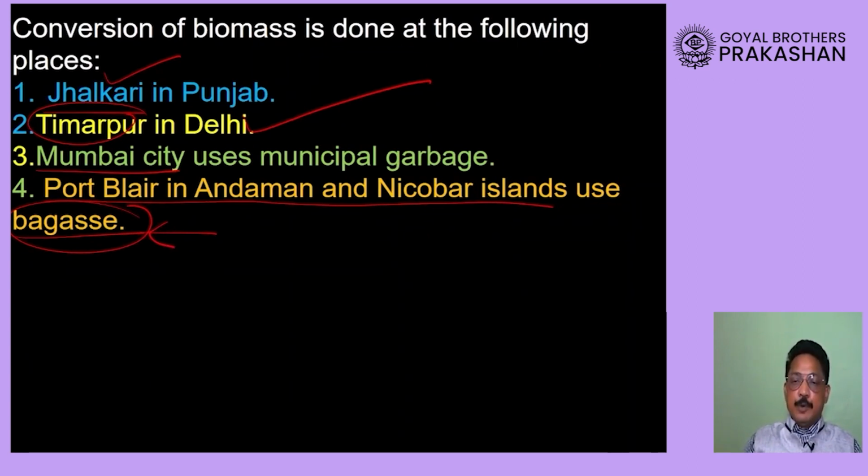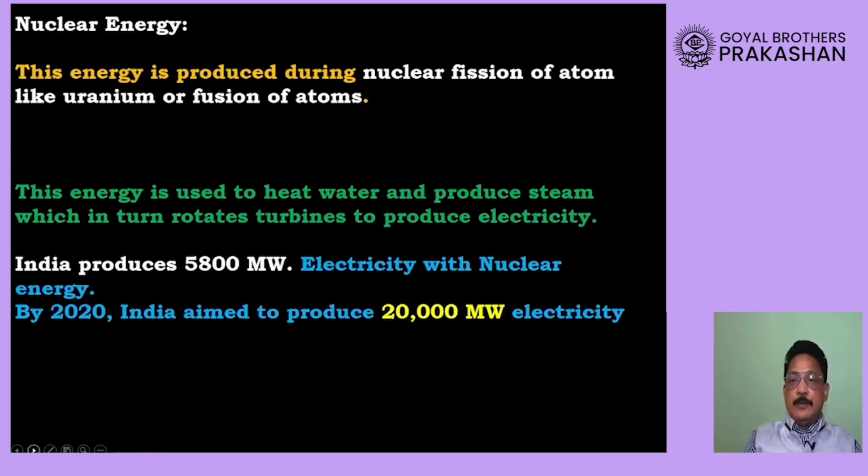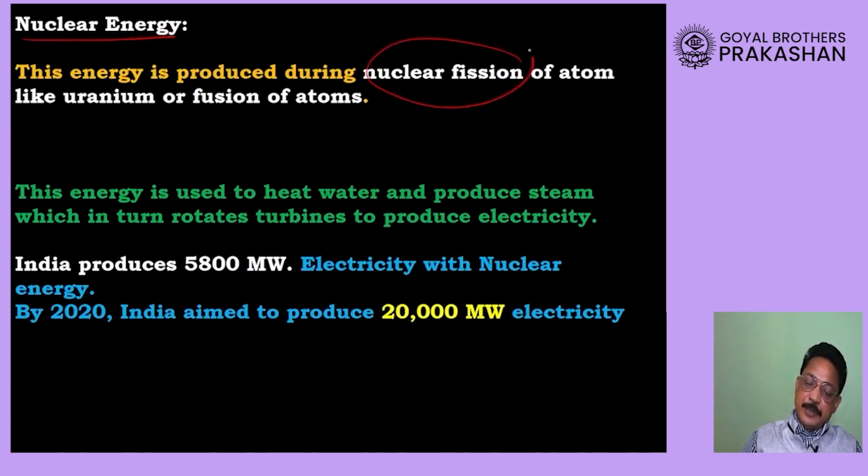Now we have come to the last one among these energy resources, called nuclear energy. You people must have heard that atoms of uranium and thorium are broken down. That process is called nuclear fission, which produces energy, one of the largest sources of energy in the world.